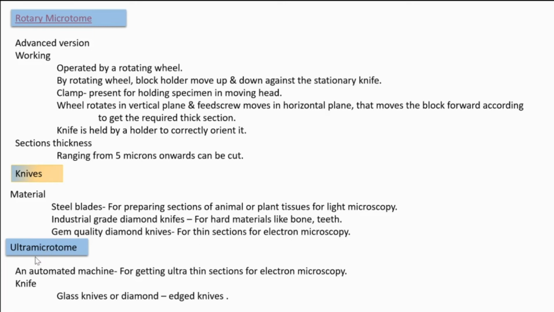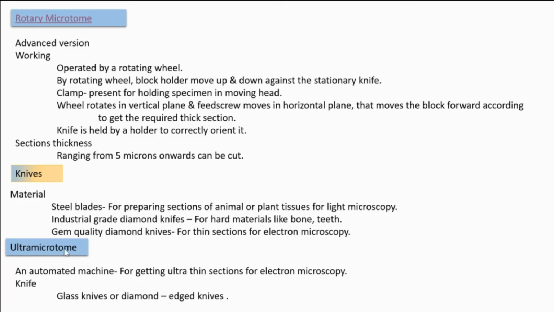And there is another type of microtome, that is the ultra microtome. It is an automated machine. Automated means fully automatic. It is for getting ultra thin sections for electron microscopy.